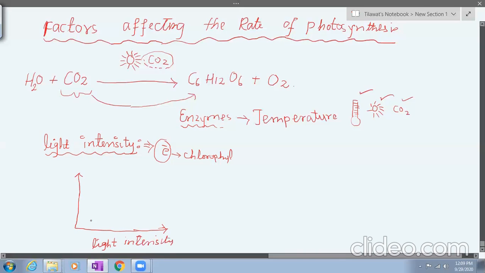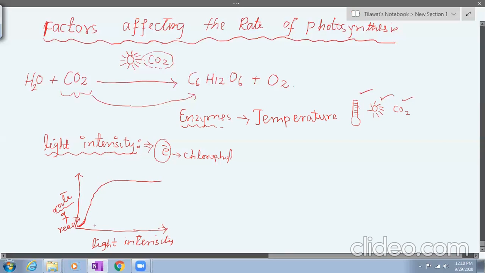On the other side, rate of reaction or rate of photosynthesis. Now, if you are drawing the graph for it, this graph will become like this.